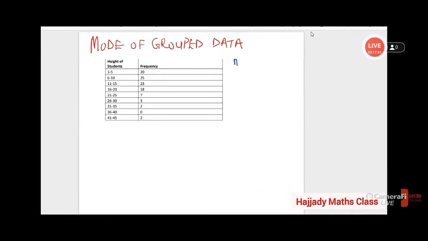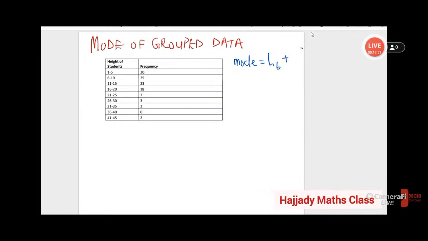The formula for the mode of group data: mode equals the lower boundary, LB, plus F1 over F1 plus F2, multiplied by C. We can possibly put this in a bracket for easy computation.